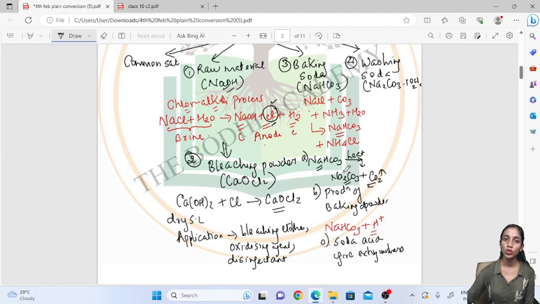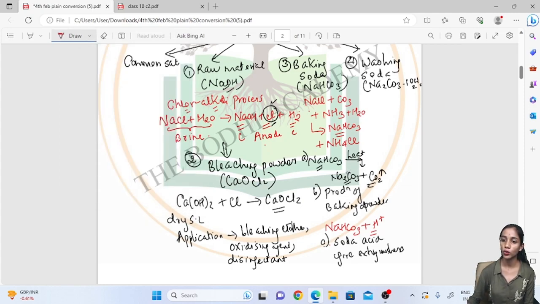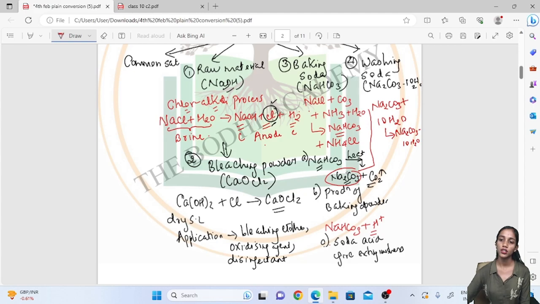This sodium carbonate is used for the production of washing soda. So sodium carbonate plus 10H2O leads to the production of sodium carbonate.10H2O, which is washing soda.